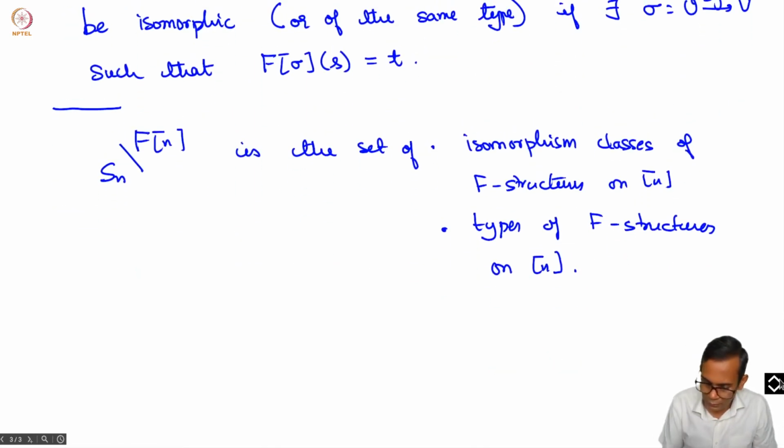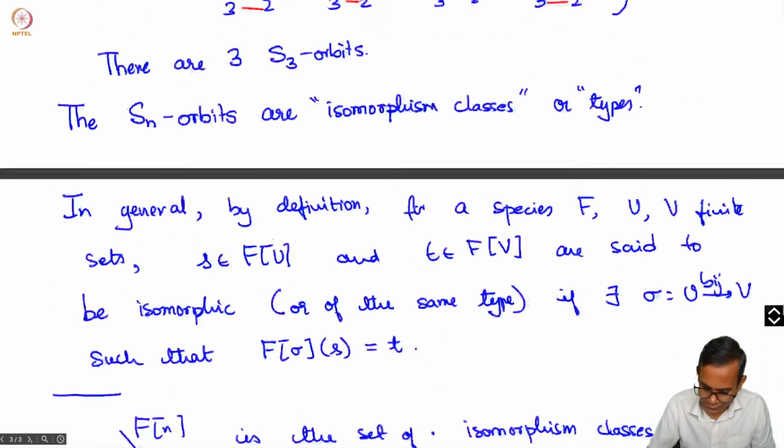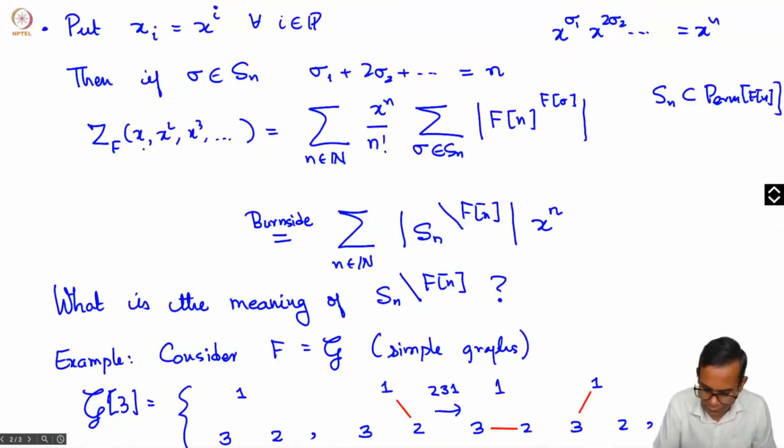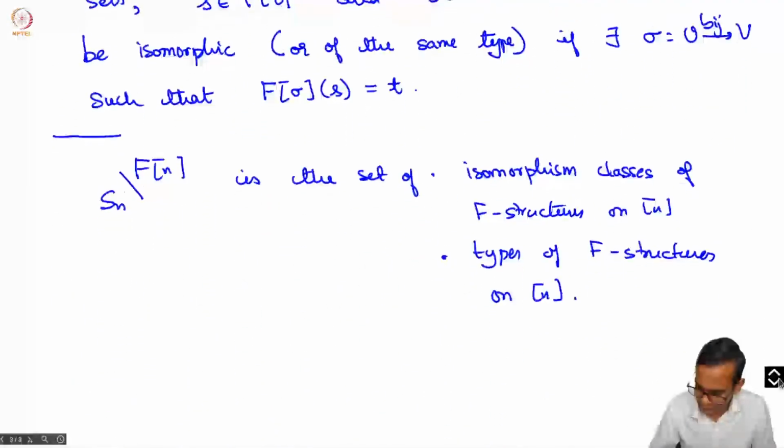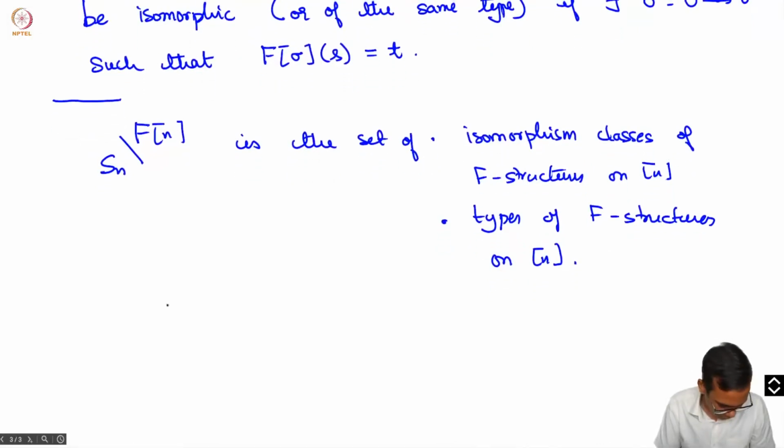This generating series that we have here, Z_F evaluated at x, x squared, x cubed, you can think of it as a generating series in one variable x.